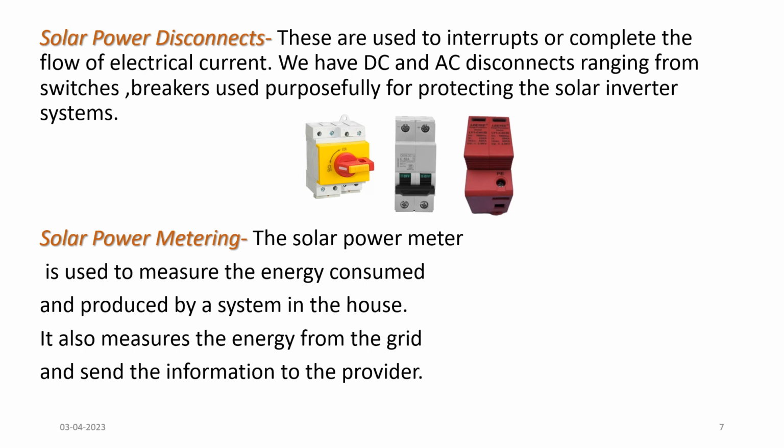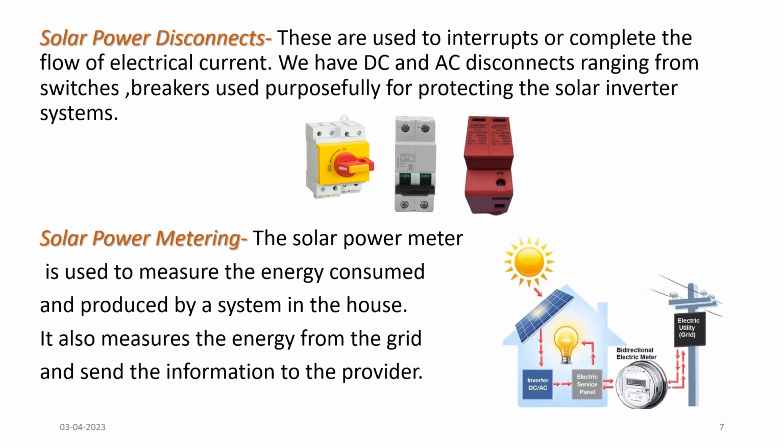So it also measures the energy from the grid and sends the information to the provider. If you are generating more than you consume, then you sell to the national grid, and then maybe at the end of the month they will give you some profits. You understand? So that's how it works.